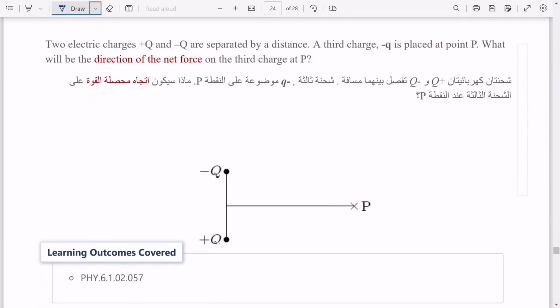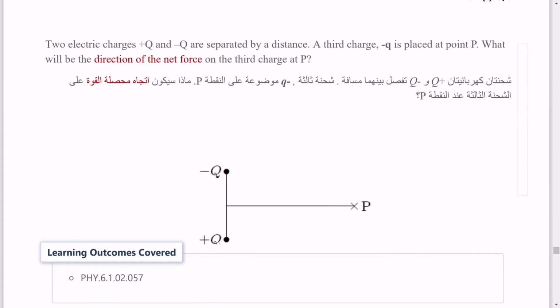Question number 23. Two electric charges plus Q and minus Q are separated by a distance. A third charge minus Q is placed at point P. So here a charge minus Q is placed. What will be the direction of the net force?